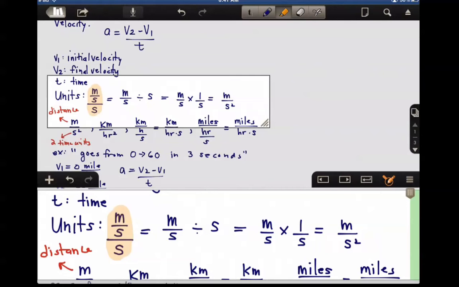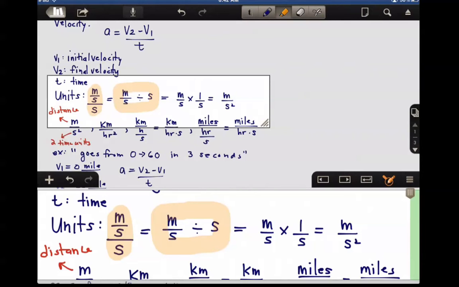Meters per second in the numerator, that comes from the fact that velocity is measured in meters per second. And then when you divide by time, you get the additional second in the denominator.